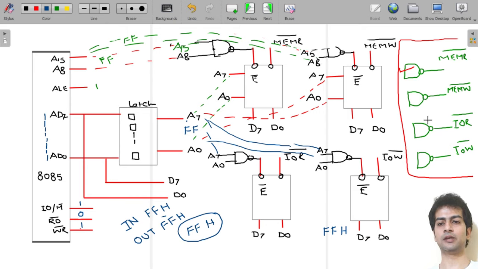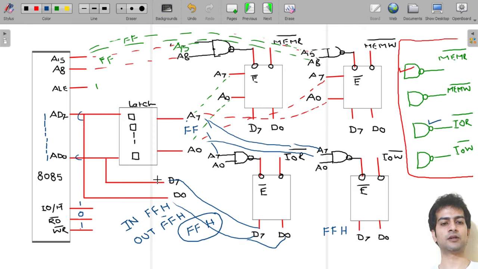In this case, only the input output read control signal will be activated, and the other remains deactivated, so it will not be selected. Now once it is activated, the data will be read and will come to the microprocessor from D7 to D0, and following this path, it will go inside the microprocessor.